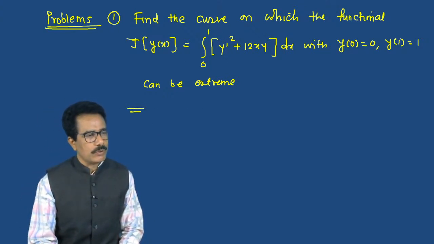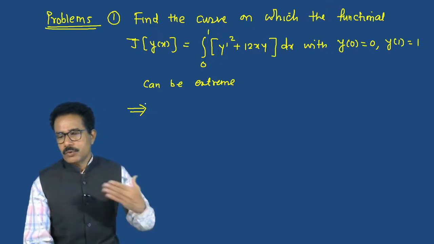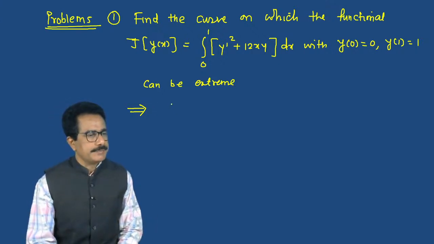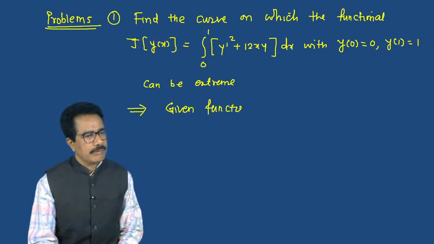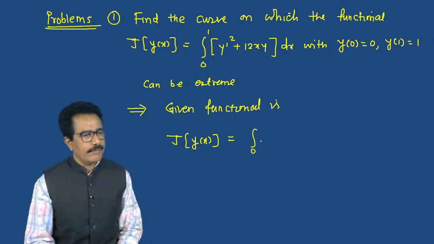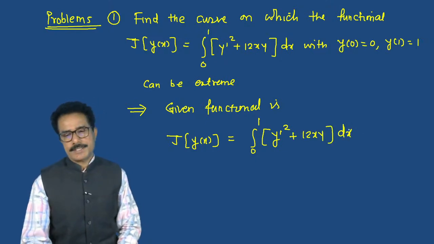So, solution. Here the given functional is J of y of x equals the integral from 0 to 1 of y dash square plus 12xy dx.